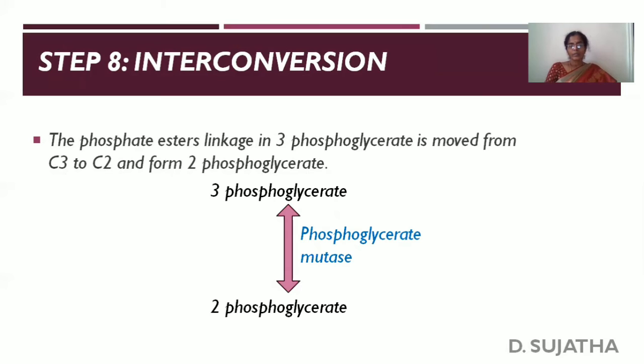The phosphate ester linkage present on the third carbon is transferred to the second carbon in the presence of the enzyme phosphoglycerate mutase. So 3-phosphoglycerate is converted into 2-phosphoglycerate.